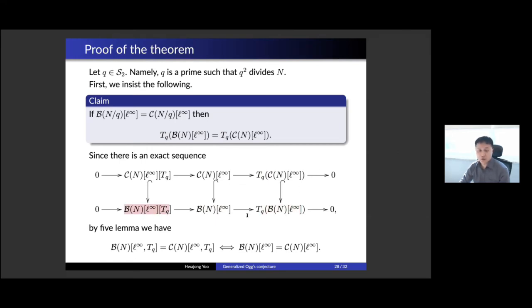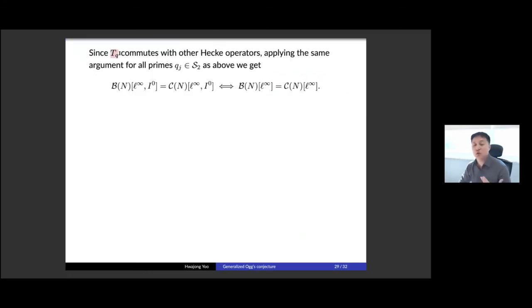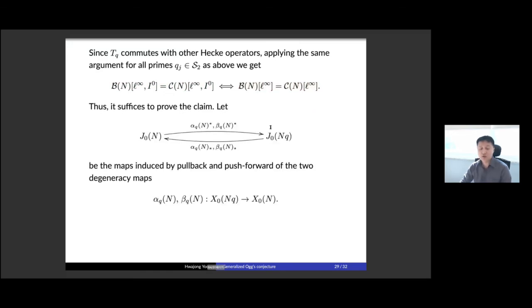By the five lemma, if this is true, which is true by the assumption and this claim, and if these two groups are equal, then the first two are equal if and only if the middle is equal. So this follows by the five lemma. And since T_Q commutes with other Hecke operators, applying the same argument for all primes, you get this desired amplification. So it suffices to prove the claim.